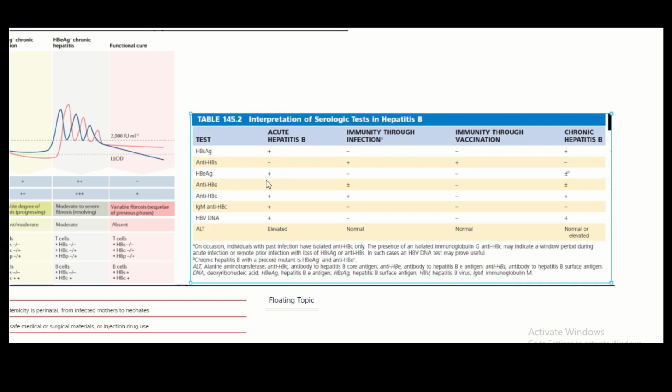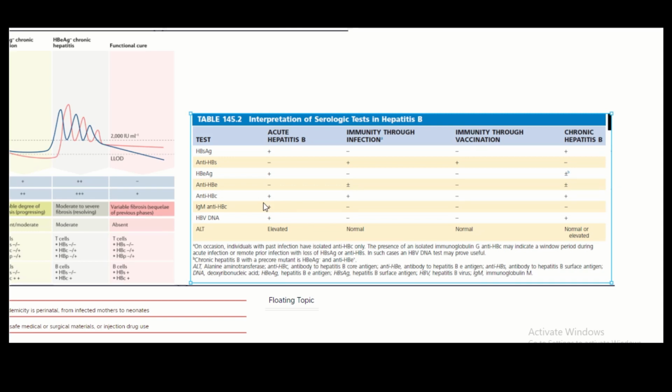That's why we will find anti-HBc, more specifically the IgM anti-HBc. And since we have acute replication of the virus within our body, we will find DNA. And since within the acute phase of the infection we have destruction and inflammation of hepatocytes, we will have elevated liver markers like the ALTs and ASTs.